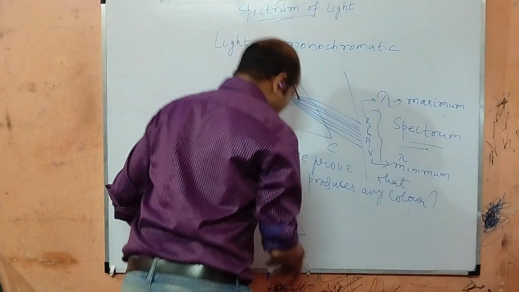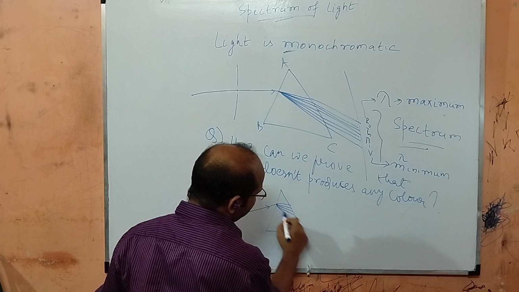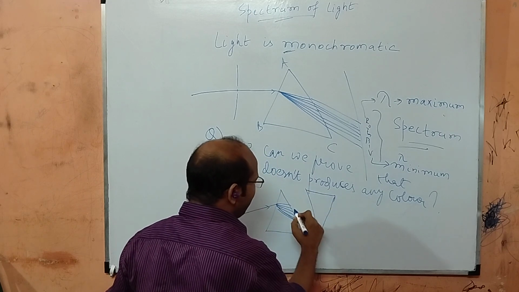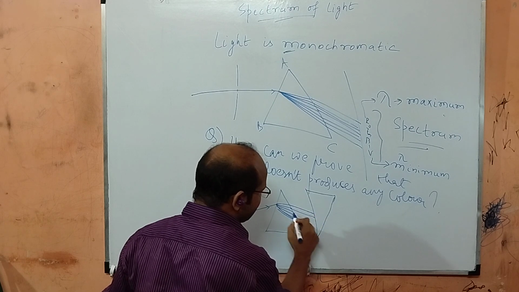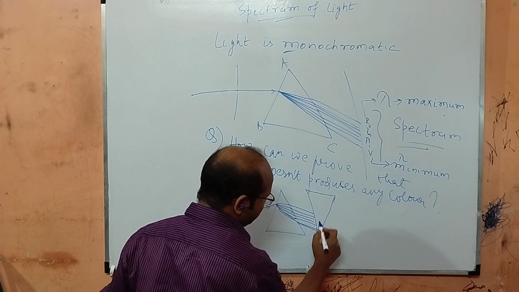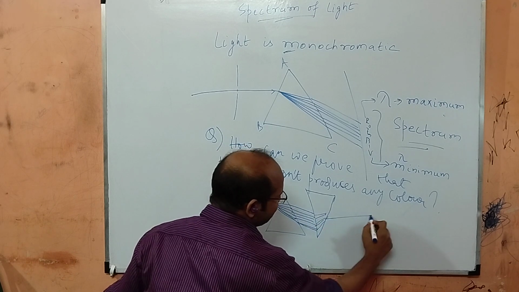So the light will split over here, and then what we have to do after this is to keep an inverted prism. All these colors of light which have come after getting split from the first prism will recombine, and then a white light will come out.